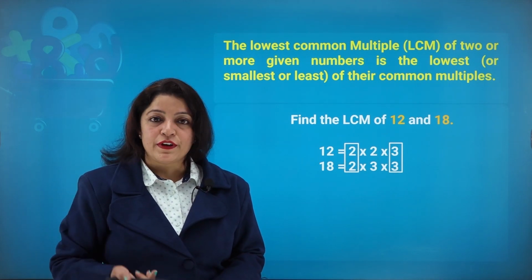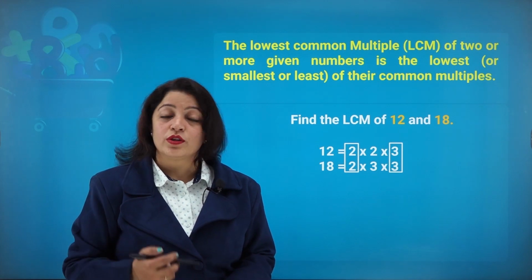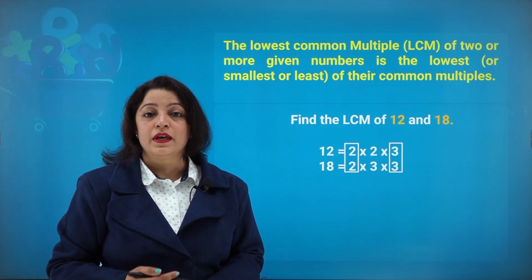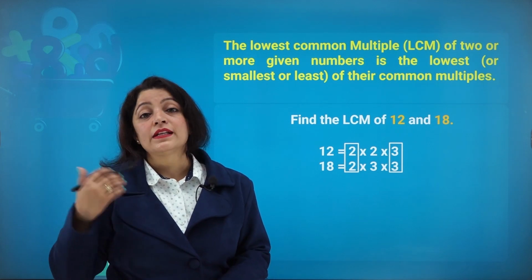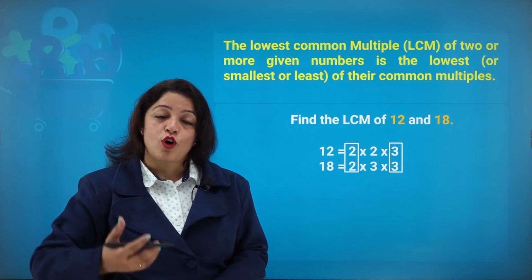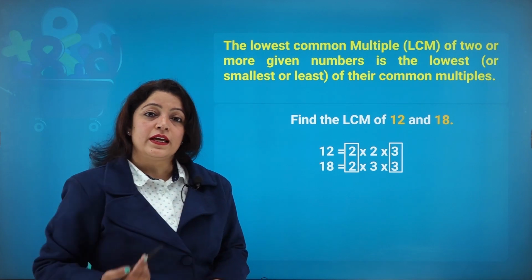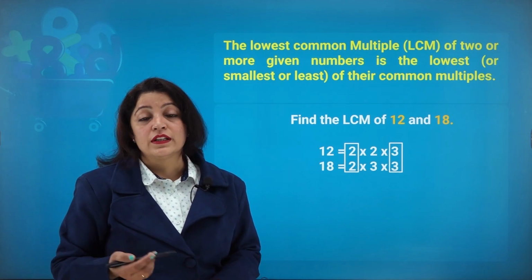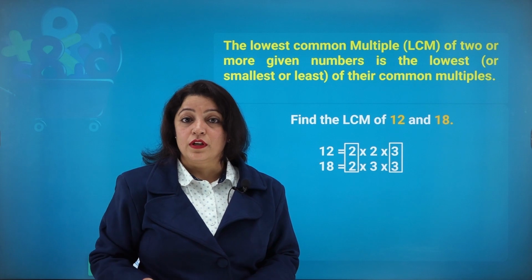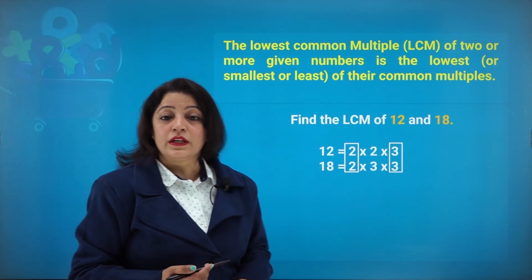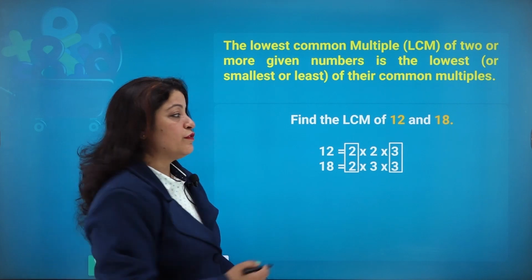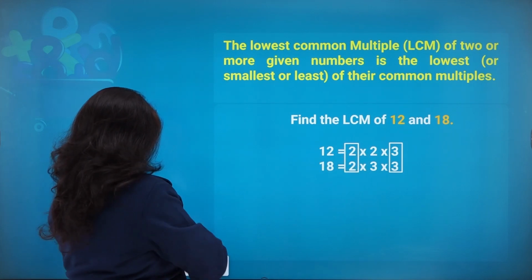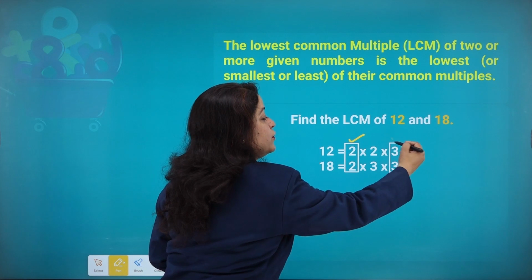But when we find the lowest common multiple or the least common multiple, LCM, in that case we take all the factors, but in a sense that we take common factor as one time only and we also take the factors which are not common. So which factors are not common here? We get 2 and 3 are not common, and here we find that a pair of number 2 is common and a pair of 3 is common.